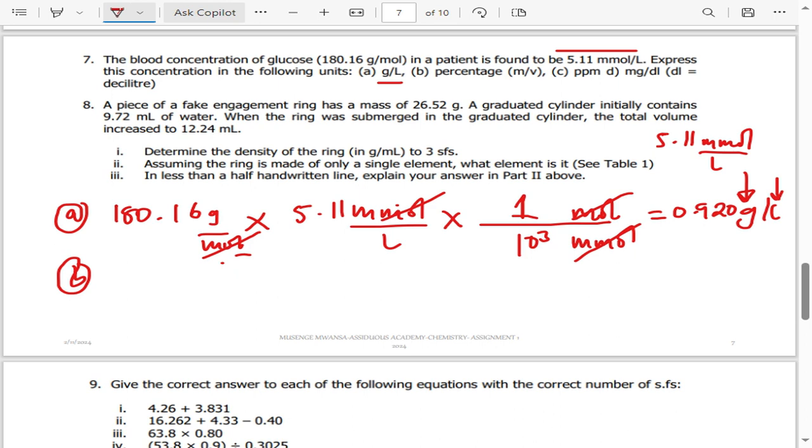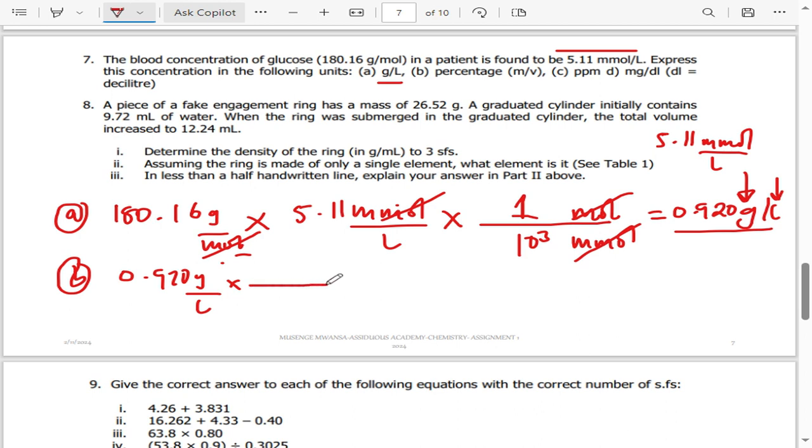Your volume should be in milliliters. That is how you find percentage mass by volume. So I'm going to get this number. It is already grams per volume, 0.920 grams per liter. Now the volume should always be in milliliters. So I'm going to convert.